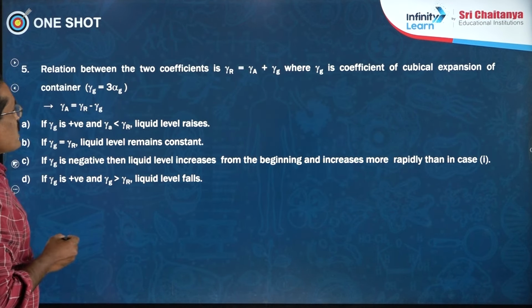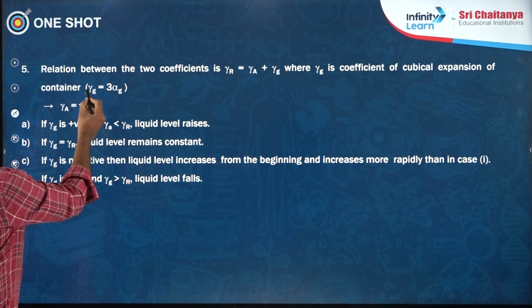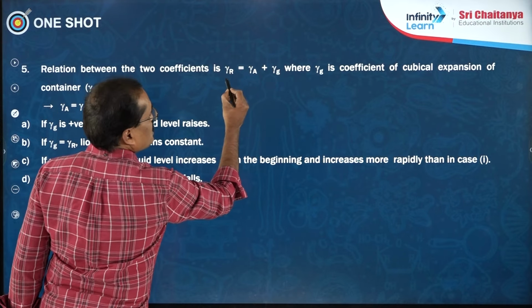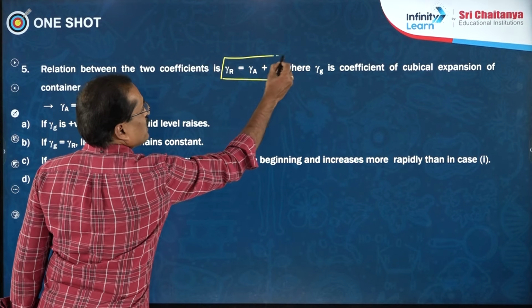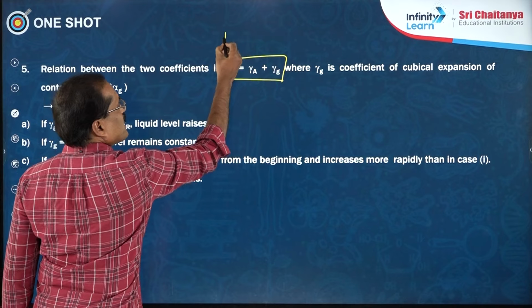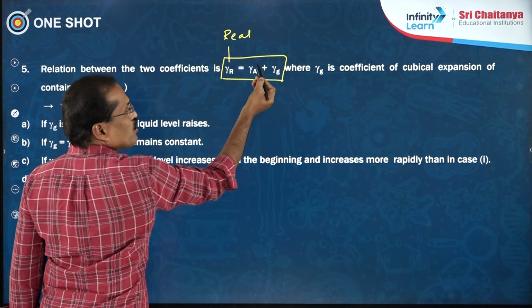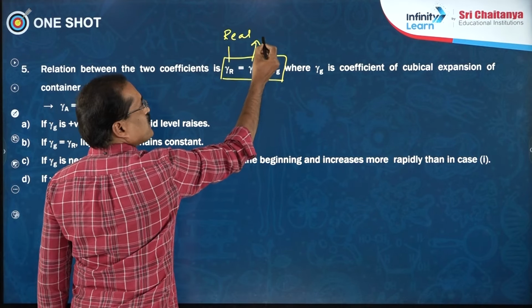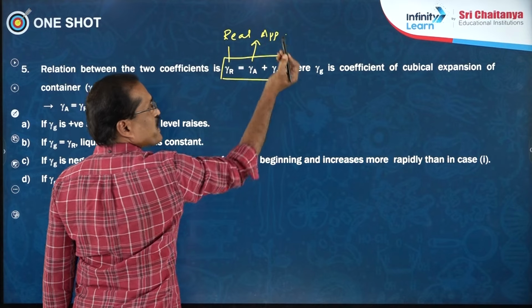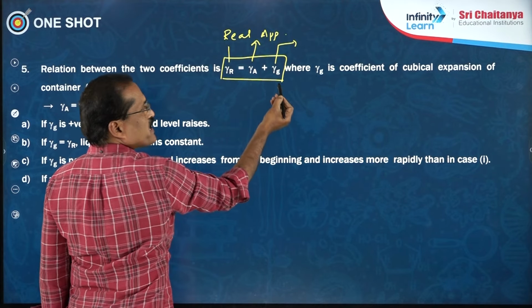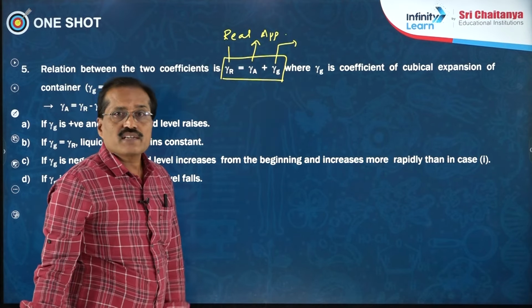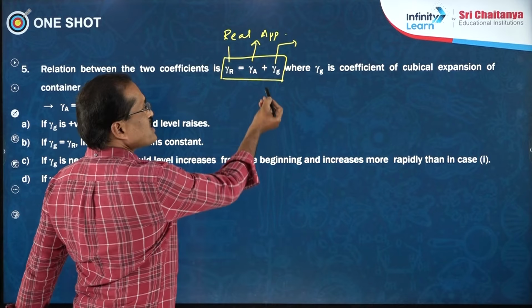Here, what is the relation between the coefficients of expansion? You can see, just now I mentioned, gamma r is the coefficient of real expansion, gamma a is the coefficient of apparent expansion, and gamma g is the coefficient of volume expansion of the vessel. Normally we take it as a glass vessel, that is the reason I mentioned glass.